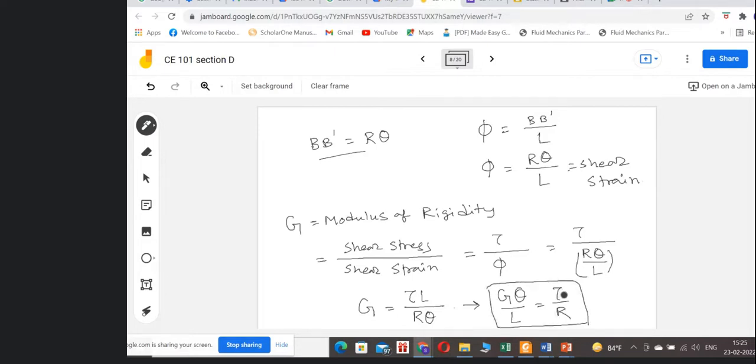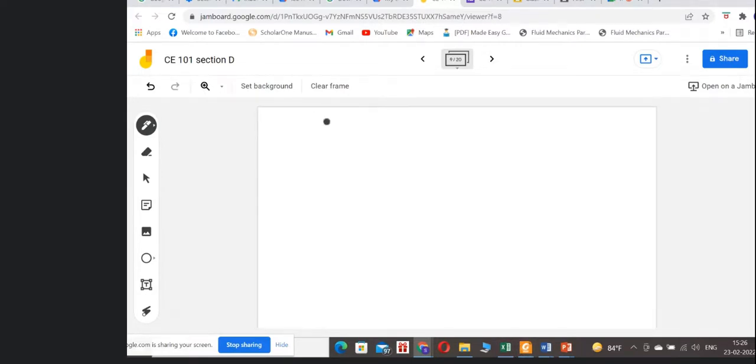So the shear stress, the angular movement of the radius of the shaft, the modulus of rigidity of the shaft material, the length of the shaft L, and the radius of the shaft R, they are all connected using this expression. Let me write down the expression once again: G theta by L is equal to tau by R.